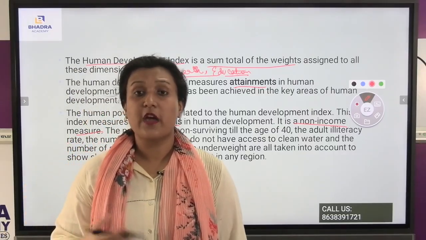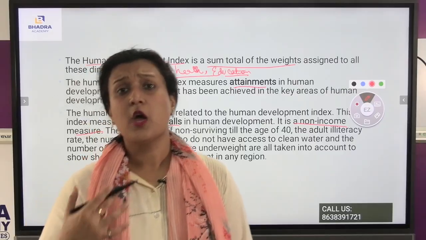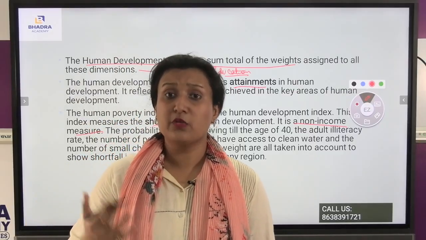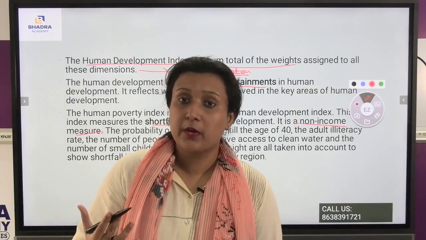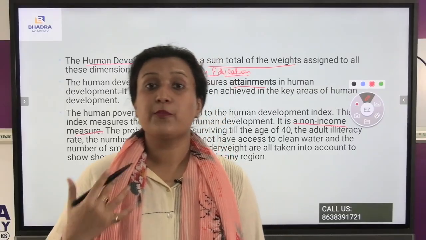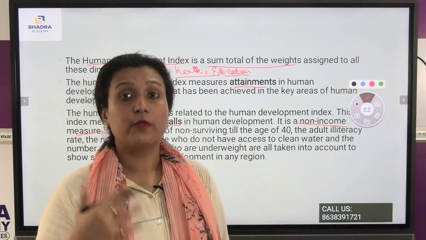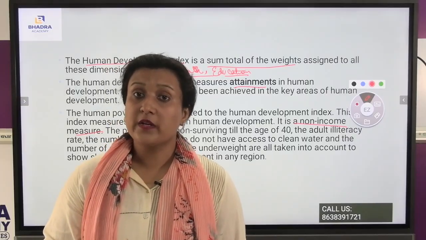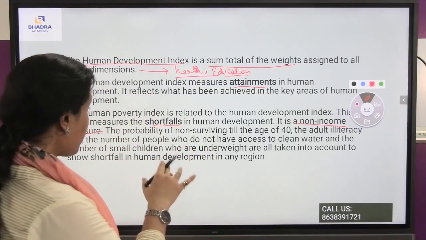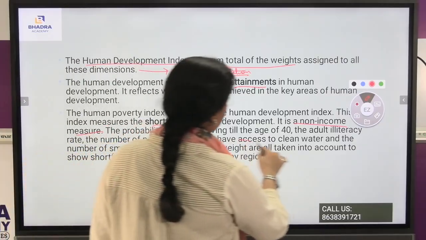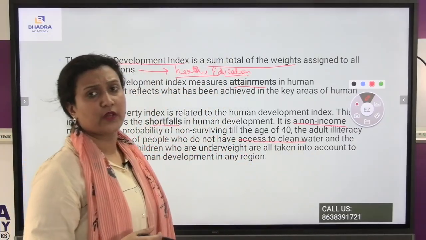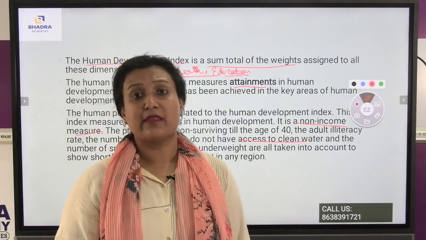Now, in parts of Africa, most of the children are not getting basic amenities. So they are underweight. They are not getting proper food or proper protein. As a result, they are underweight. These are also termed shortfalls of the Human Development Index. Also, not getting access to clean water. In most of the countries, they are not getting access to clean water.